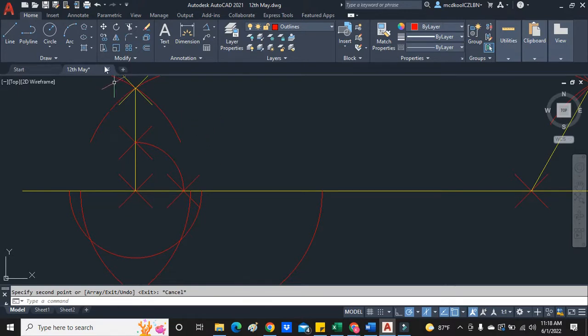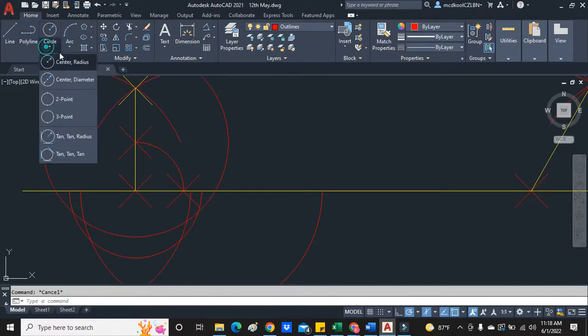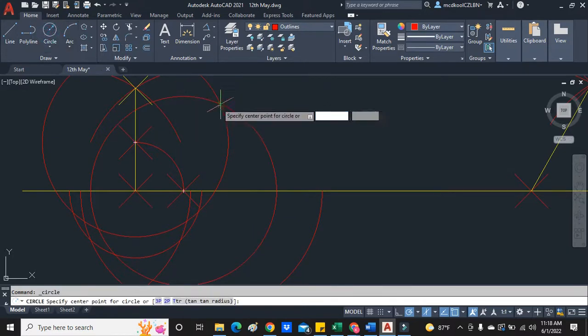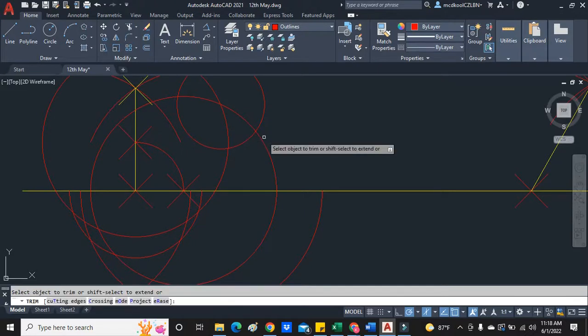Let me just do it a little smaller. I just did it at 10, radius 10. And I'm going to clean this one up first because it can get a little confusing.